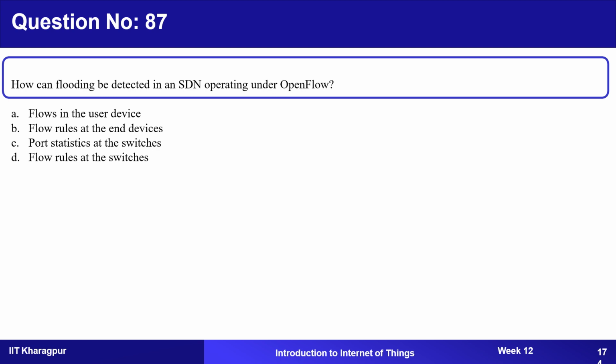How can flooding be detected in an SDN operating under OpenFlow? Options are flows in the user device, flow rule at the end device, port statistics at the switches, flow rules at the switches. I think flow rules at the switches.